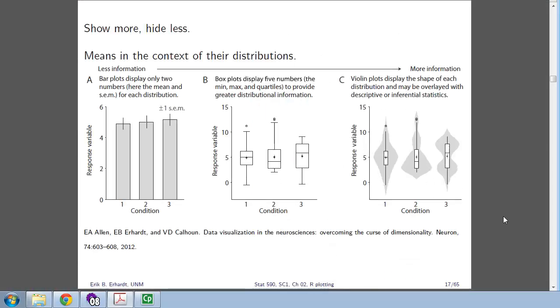So the question here is, is it interesting to compare means as we did in plot A? The mean is not the interesting feature here. The data distribution is the interesting thing. I want to understand this bimodality, or what makes condition 2 skewed to the right and not symmetric like condition 1. So the more you show, the better answers you can provide and the better questions you can ask.